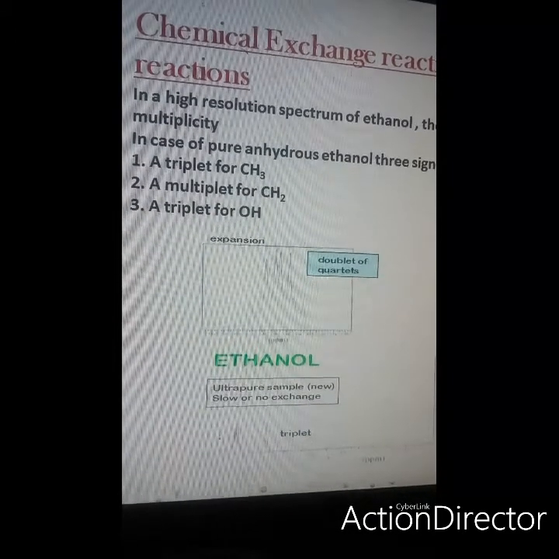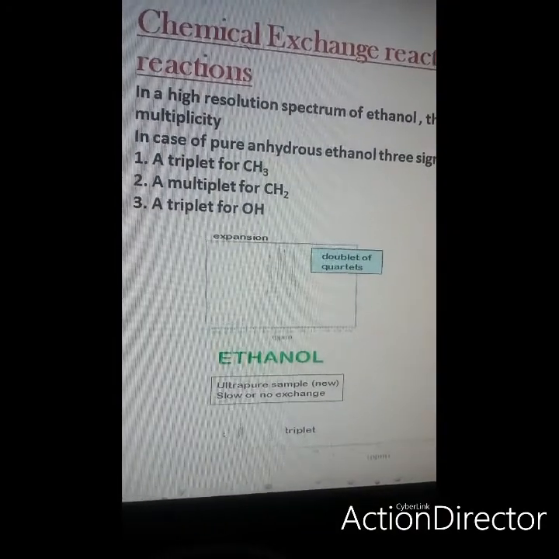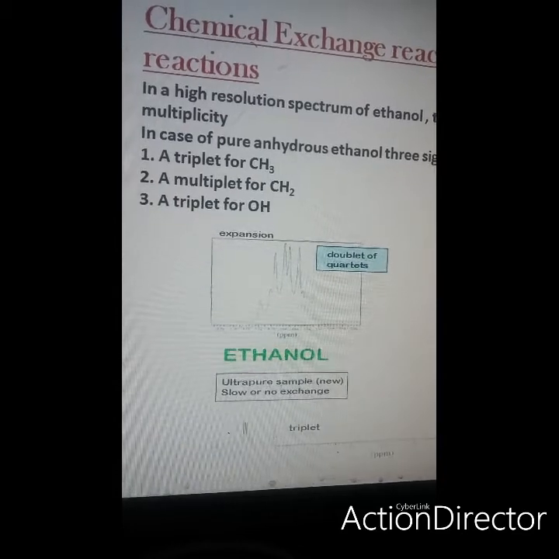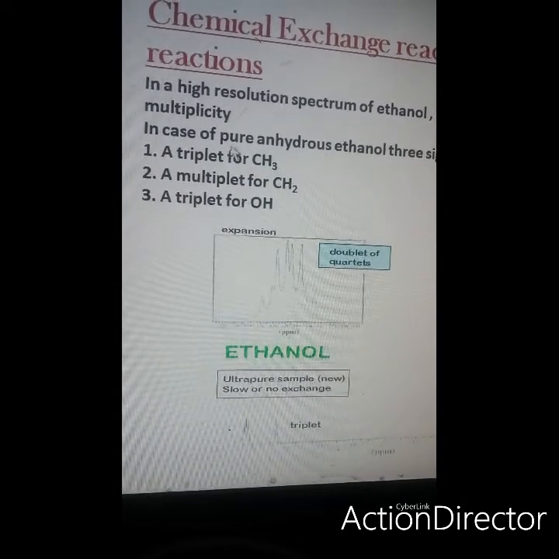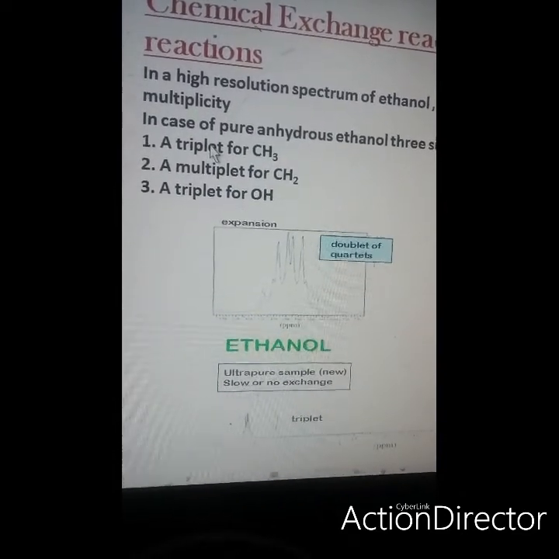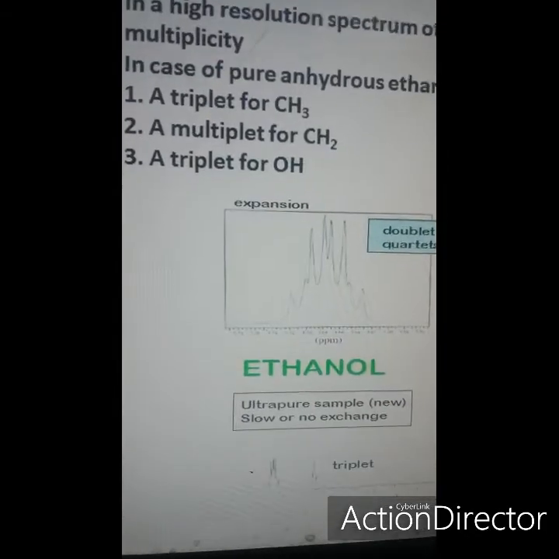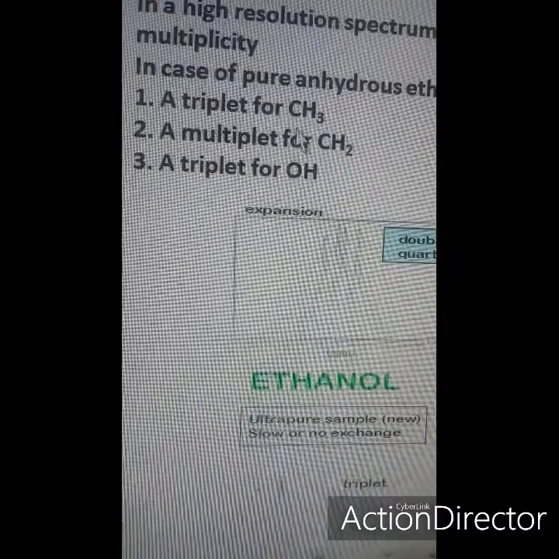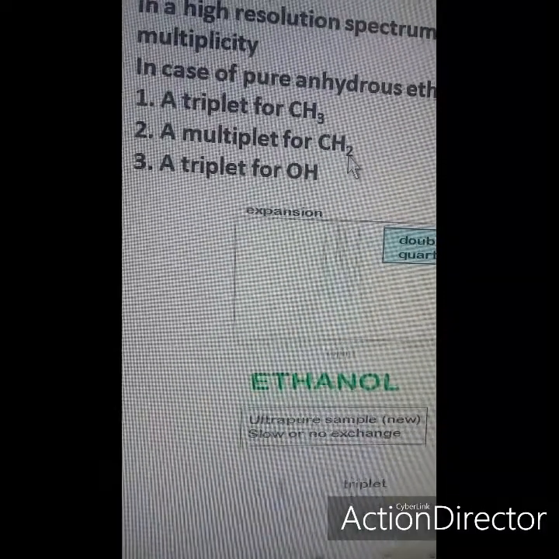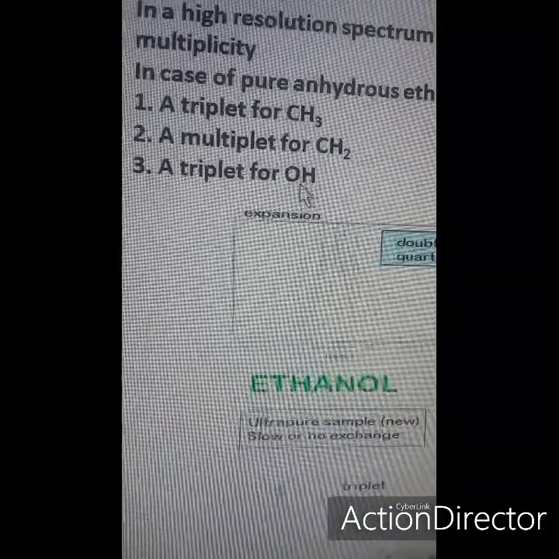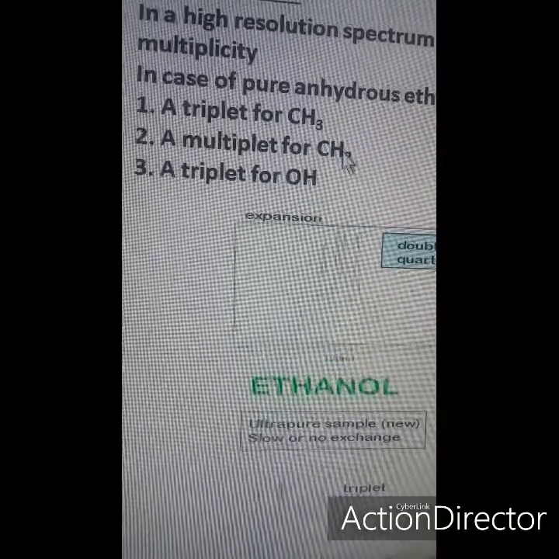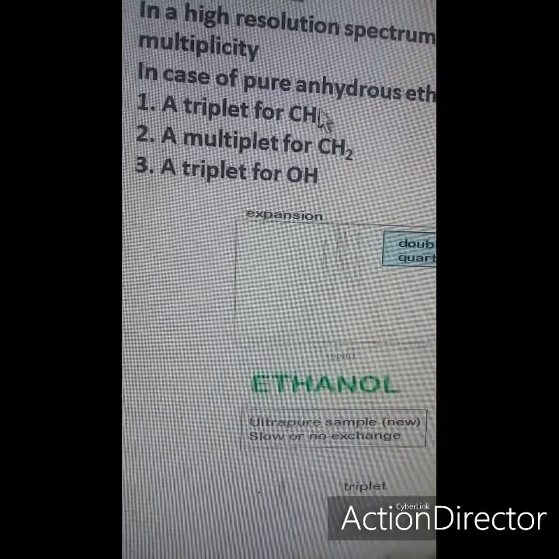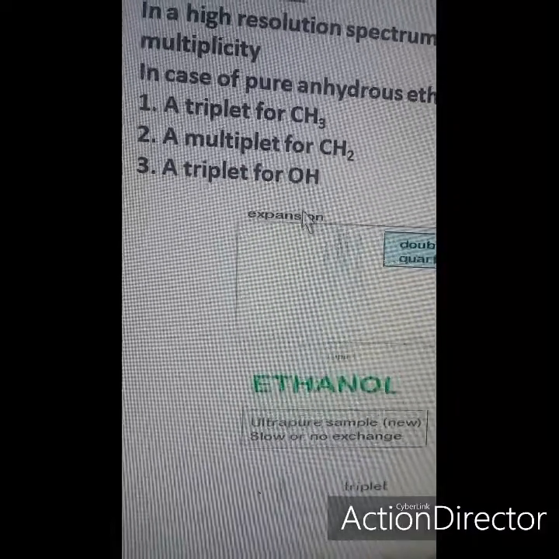Now let us do the chemical exchange reaction or proton exchange reaction. I'm taking the example of ethanol, that is CH3CH2OH. Now in ethanol, CH3 will show a triplet due to the neighboring CH2. OH again will show a triplet due to the neighboring CH2, and CH2 will show a multiplet due to protons on either side.